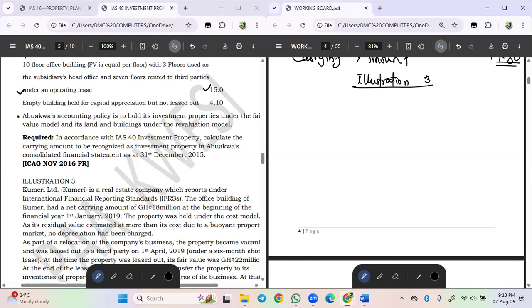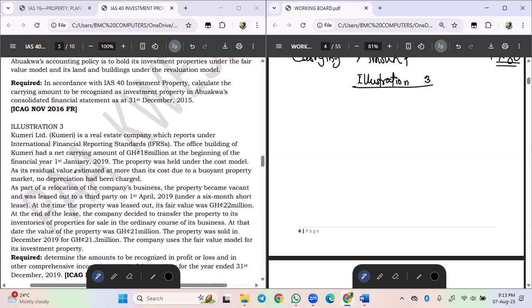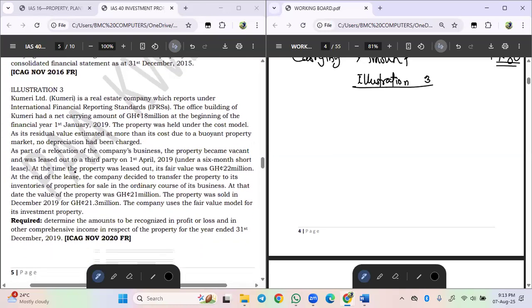The property was held under the cost model, as its residual value was estimated at more than its cost due to a buoyant property market.